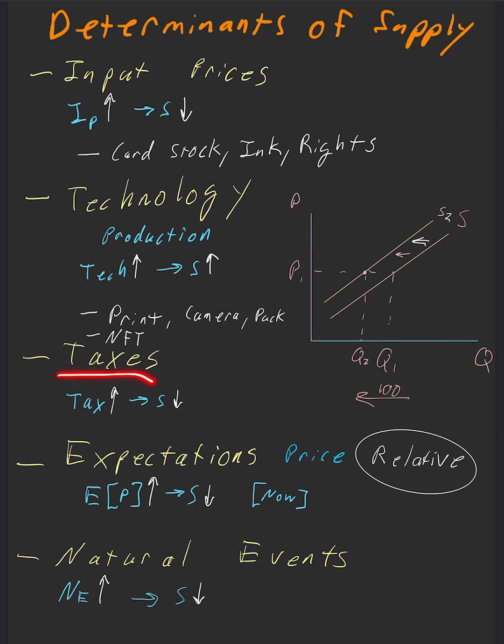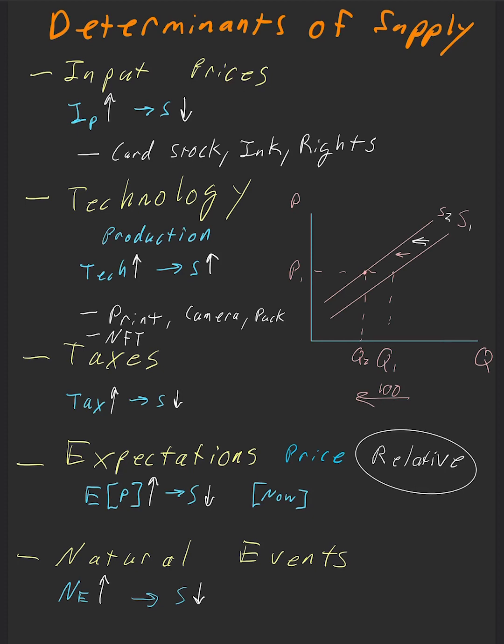Next, we might consider taxes. Tax is pretty straightforward. If your taxes go up, the amount that you're going to supply is going to go down. Let's look at this like we did with demand, right? If we have an initial supply curve and supply falls, it shifts to the left. This is a little confusing, right? Because it looks like it's going up, but just always be thinking left and right, especially with supply, when we're working through the models in this class.